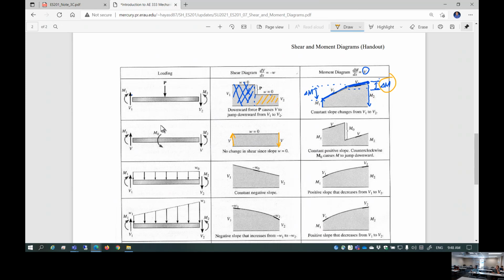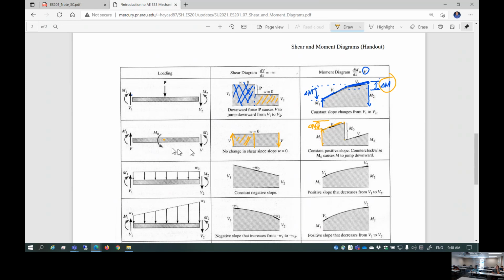However, since you apply the point moment right here, you have a change of moment. Starting here, you have a jump up M1. Then V is constant, so it's a constant slope. So you can easily find this delta M. This delta M is essentially this area.